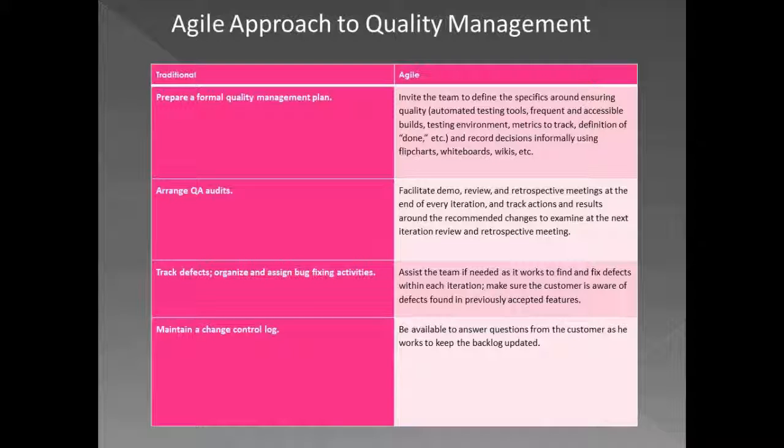And moving on to the next step, which is performing quality assurance. If you take quality assurance from a PMBOK approach, we do what I call quality assurance audits, where we review the quality processes and see how we can improve them. With regard to Agile, we still do this because we have demos, reviews and retrospective meetings.